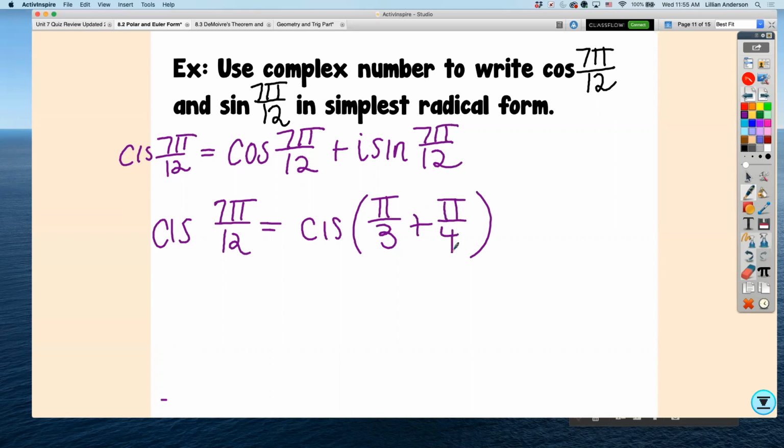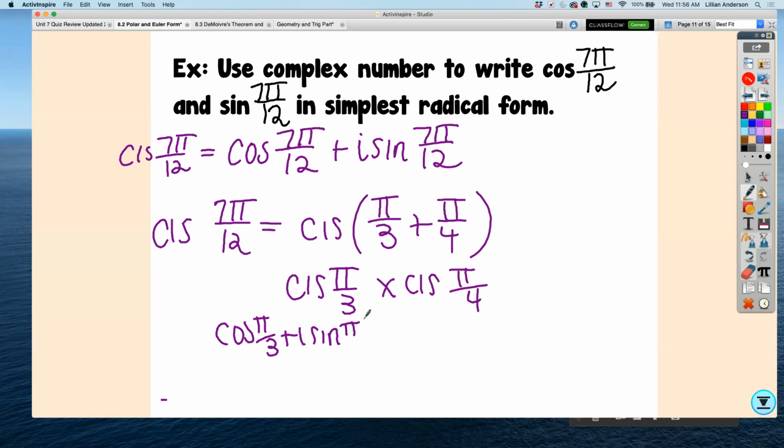Very good. And remember, when you are adding with the properties of cis, you're technically multiplying. So this becomes cis pi over 3 times cis pi over 4. And since it's their own entity with their own angle, that's the same thing as saying cosine of pi over 3 plus i sine pi over 3 times cosine of pi over 4 plus i sine pi over 4.